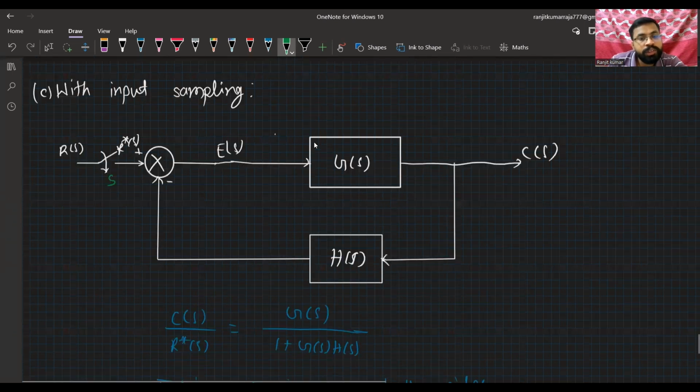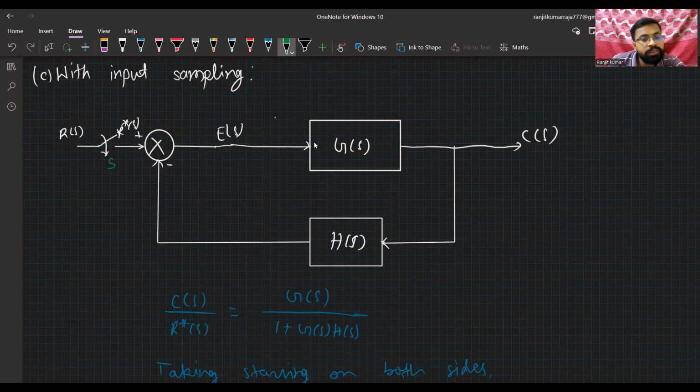That is nothing but C of S divided by R star of S. Just think about this diagram, you must have seen it in BTech. This is the basic one, and here, instead of R of S, we just write R star of S. It may be any other value.